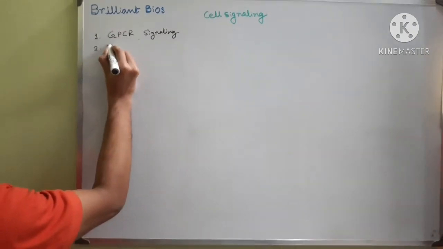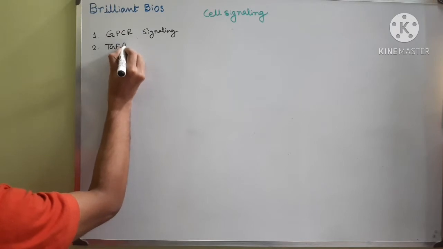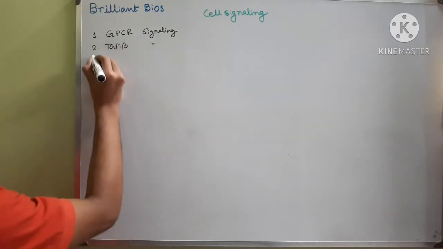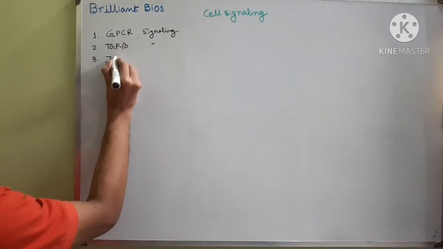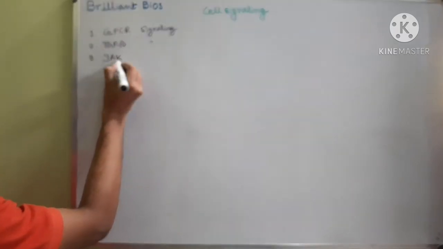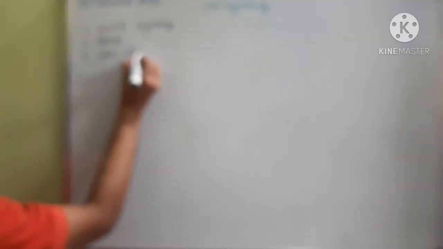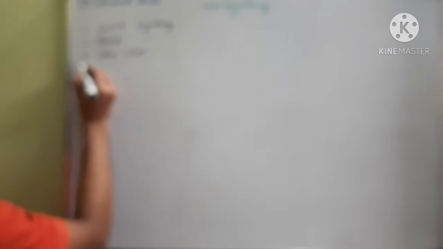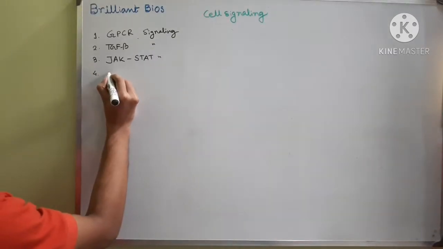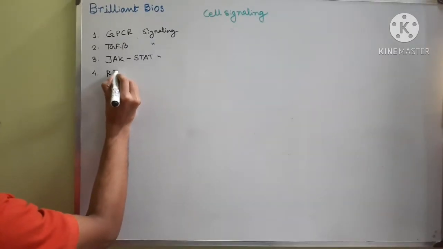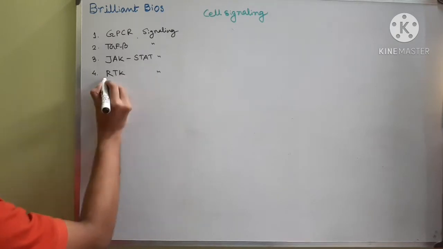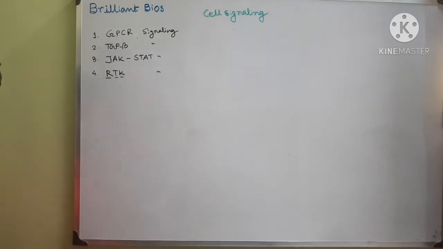The second is TGF beta signaling. Another is called JAK and STAT. JAK means Just Another Kinase, and STAT is the associated protein, signaling pathway. The fourth is the receptor tyrosine kinase, RTK, pathway.